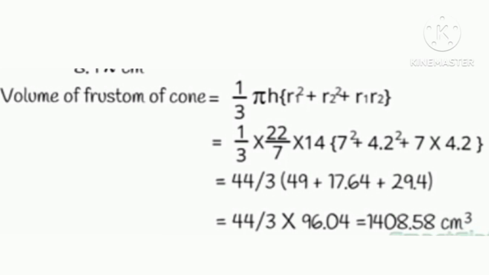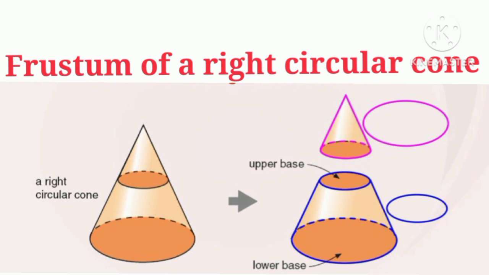Substitute the value of r1, r2 and height h, is equal to 1 by 3 into 22 divided by 7 into 14 into 7 square plus 4.2 whole square plus 7 into 4.2, is equal to 44 divided by 3 into 49 plus 17.64 plus 29.4, is equal to 44 divided by 3 into 96.04, that is equal to 1408.58 centimeter cube.